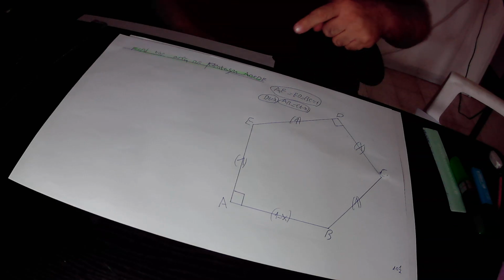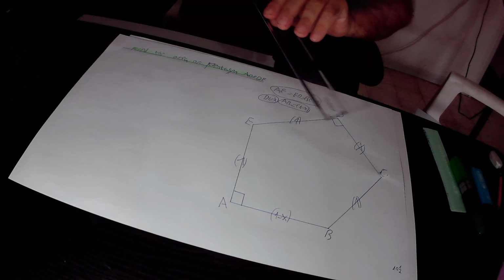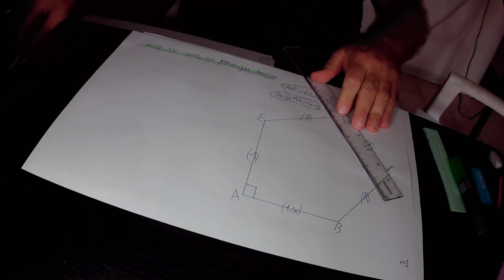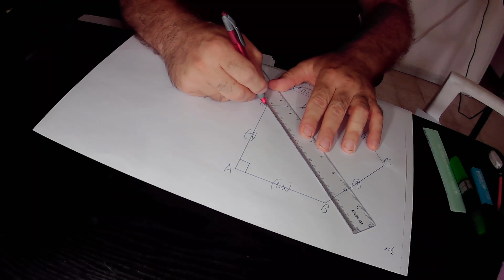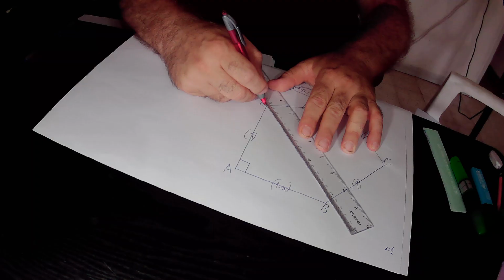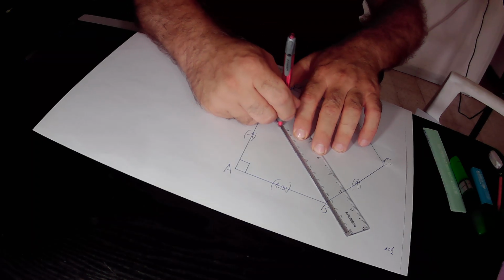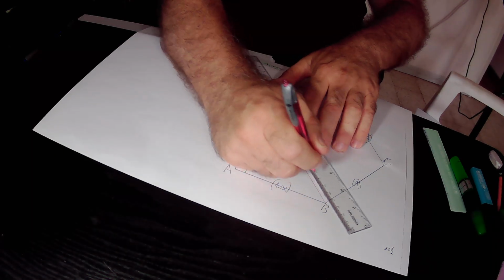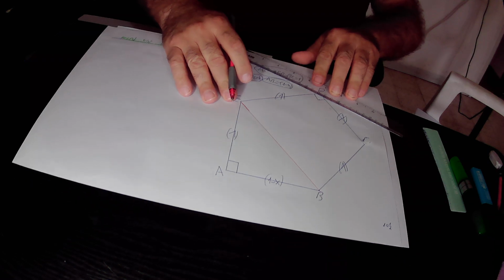So first of all, we join points E and B together by a straight line, and we join points E and C together by a straight line.